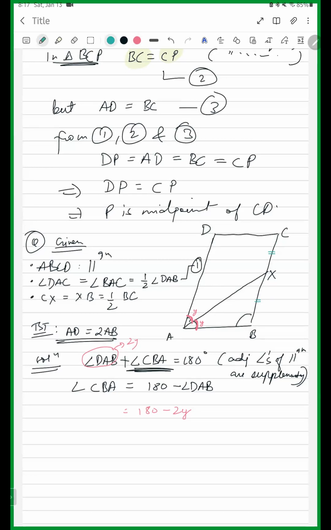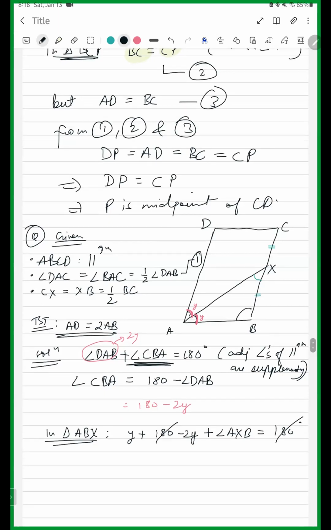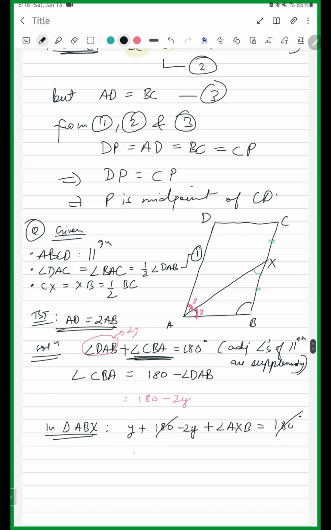Okay. So in triangle ABX, from angle sum property, we have y plus 180 minus 2y plus angle AXB is 180 degrees. This 180 gets cancelled. And so therefore angle AXB is equal to 2y minus y, which is y.